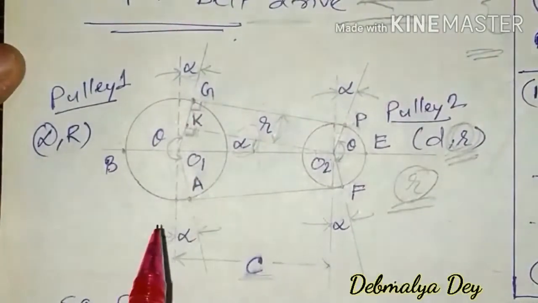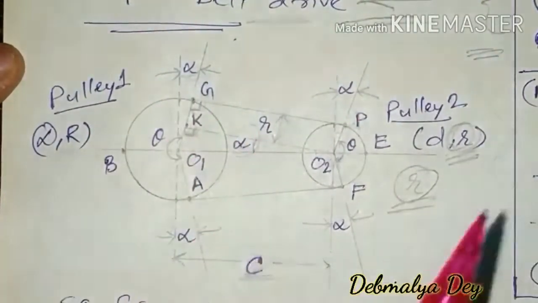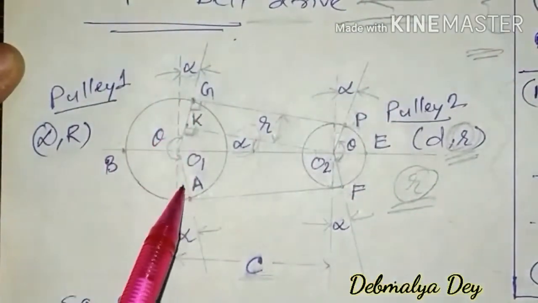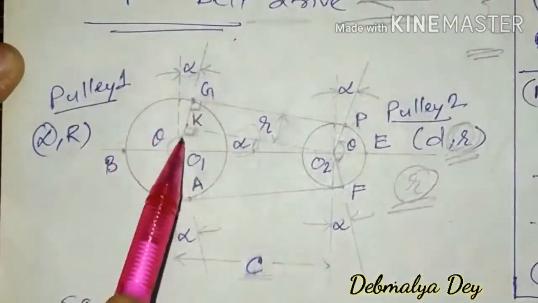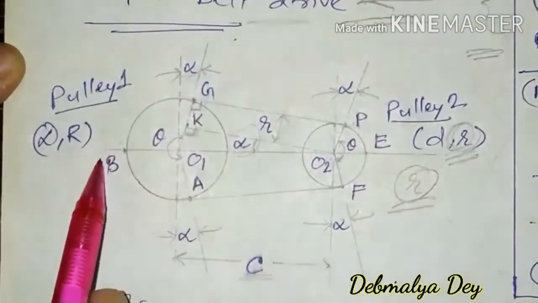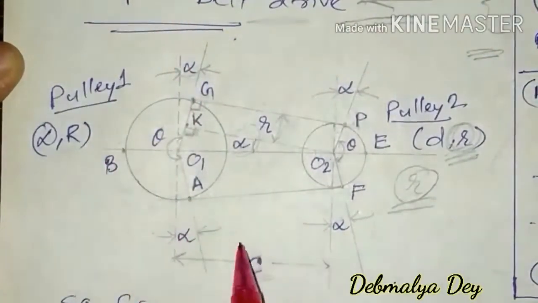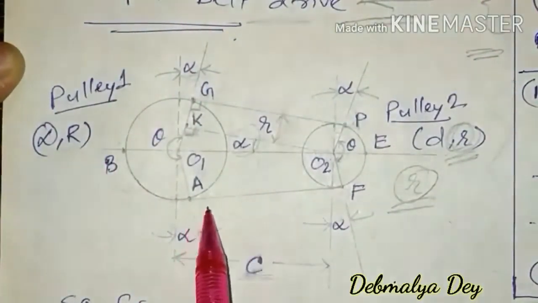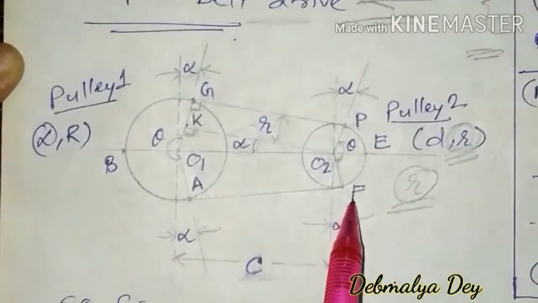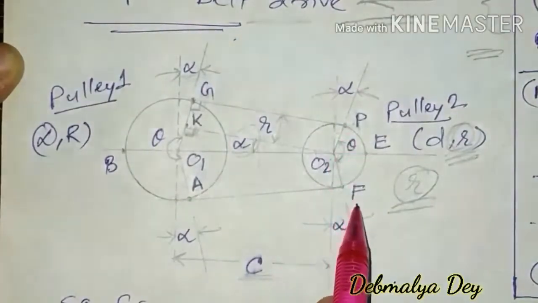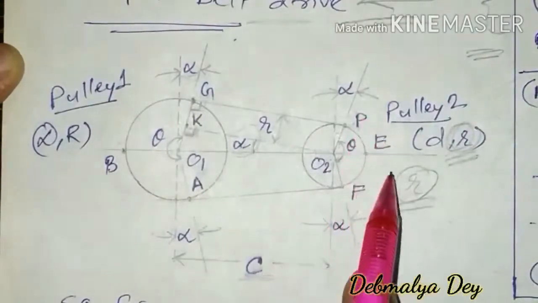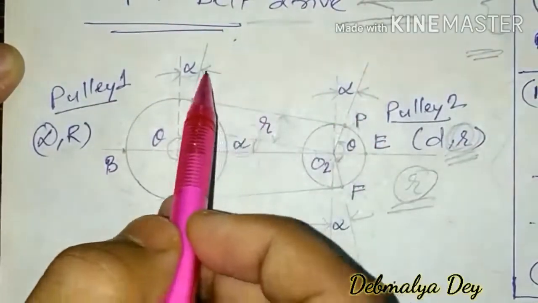Now our main concern is to find the length of the belt. In the bigger pulley, the belt is in contact from the point G up to the point A. This is actually the length of contact. So we find the value of this arc GA, the entire length of this arc, then the value of this AF. Again, in the smaller pulley, the belt is in contact from point F to P, so the value of this arc FEP, and again the value of this length GP.